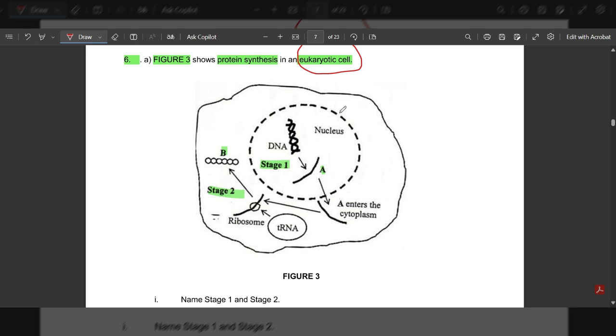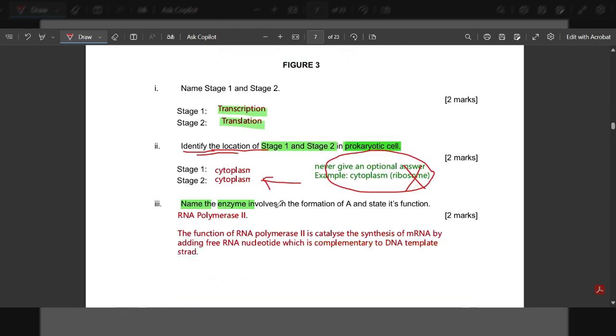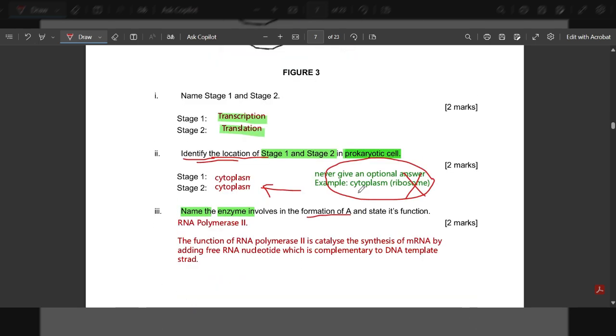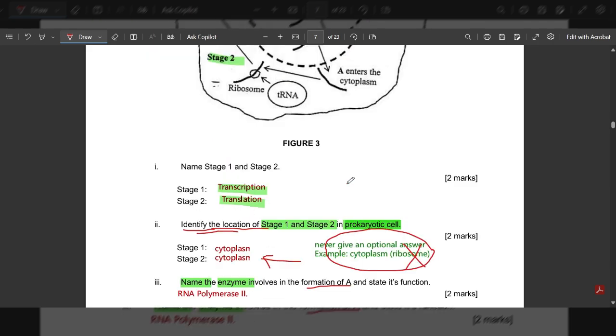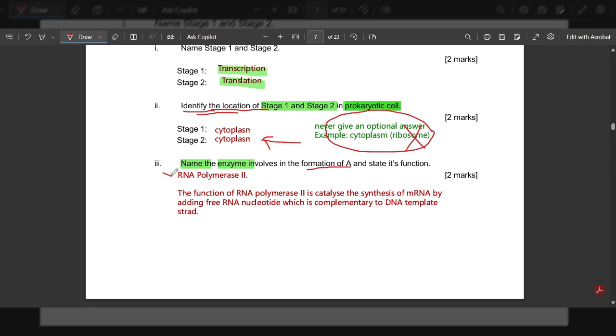And they want the enzyme which is involved in the formation of A. A is what? A is mRNA. So the enzyme involved is RNA polymerase 2. You must have the words polymerase 2 to actually get this mark.